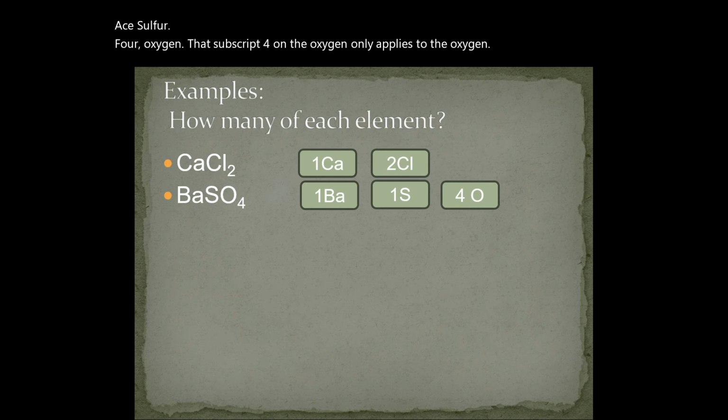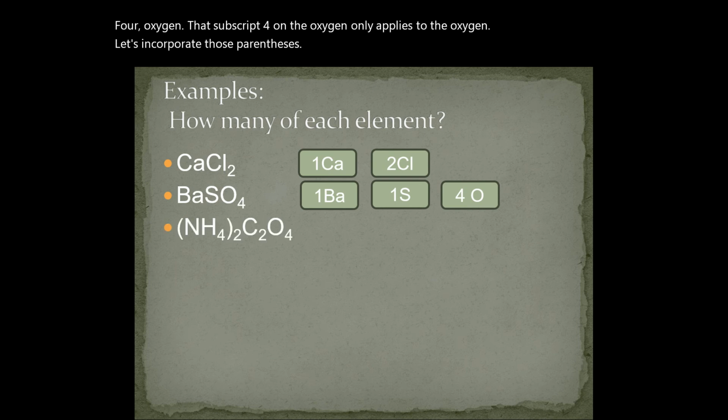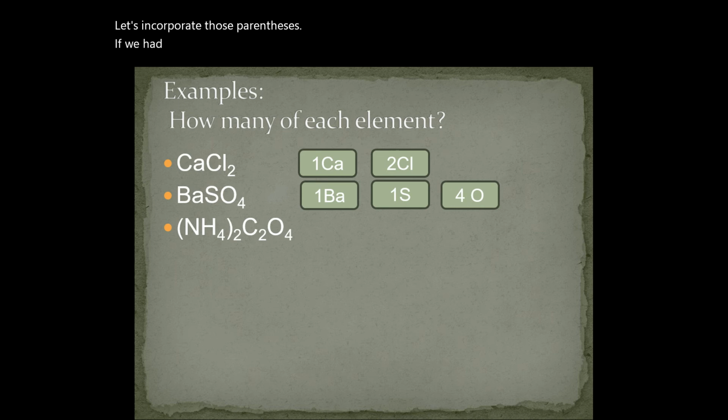Let's incorporate those parentheses. If we had (NH4)2C2O4, since inside the parentheses there's one nitrogen and outside the parentheses there's a 2, that says that there are 2 nitrogens.